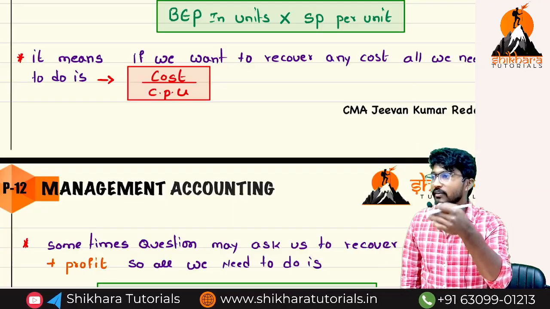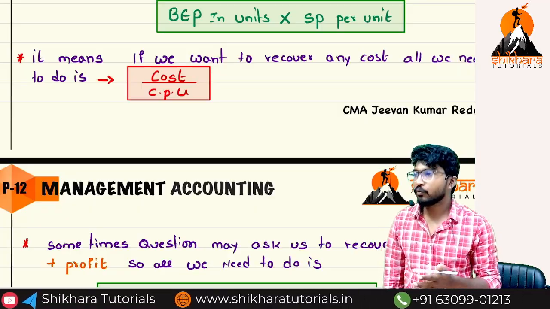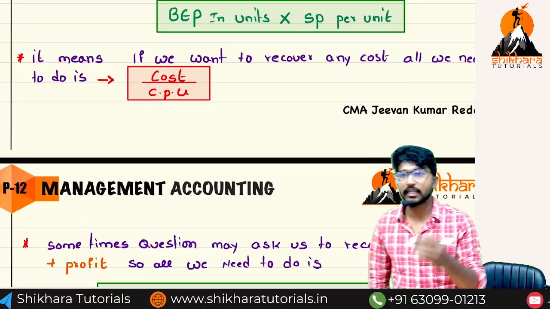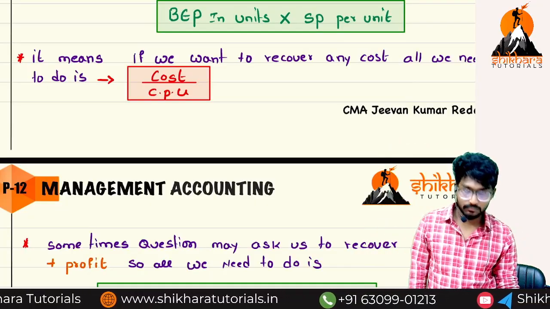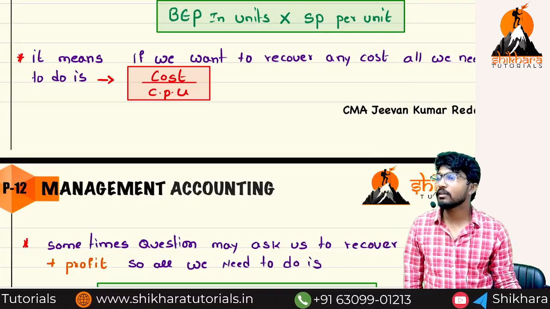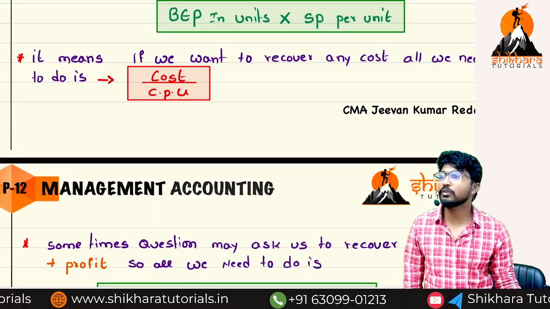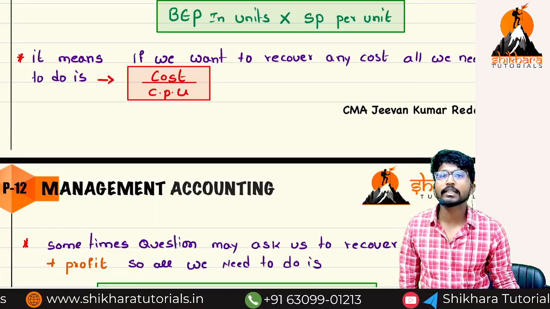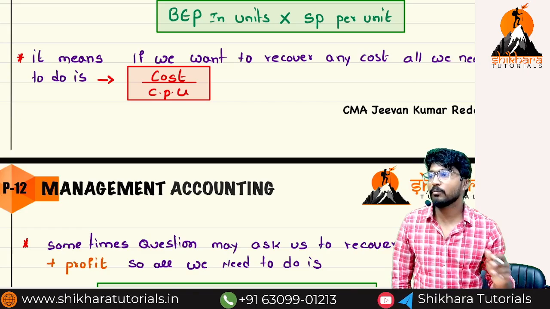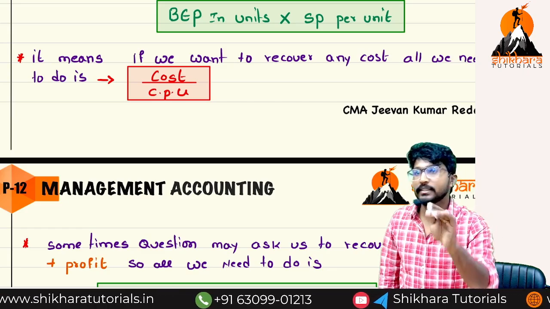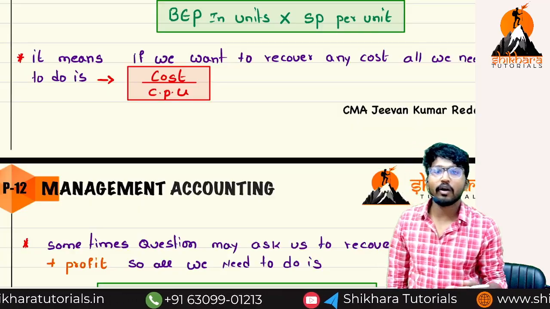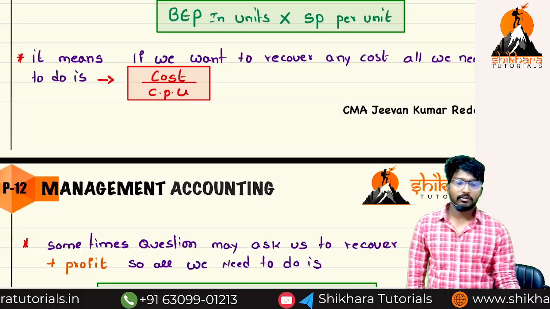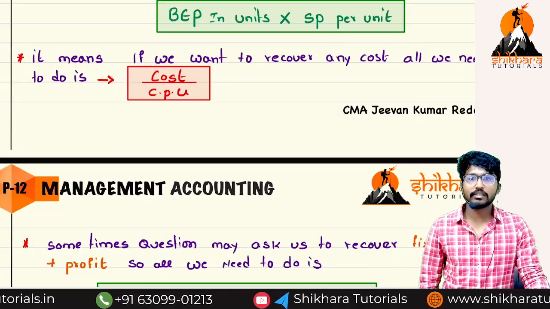Now 30,000 divided by our contribution, 4 rupees. 30,000 divided by 4 is 7,500 units. That means I need to sell 7,500 units. For example, if I want it in sales rupees, 30,000 divided by PV ratio, that is 40%.